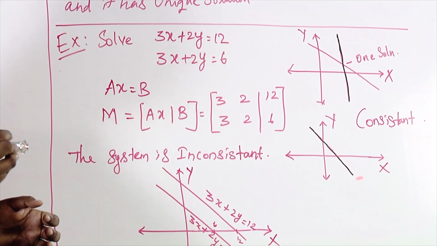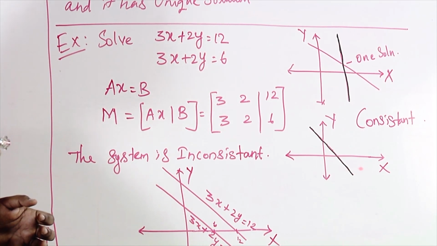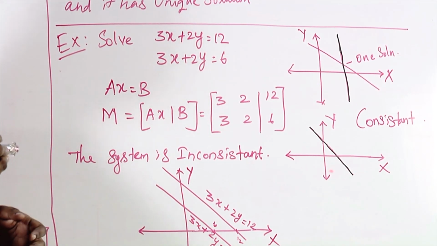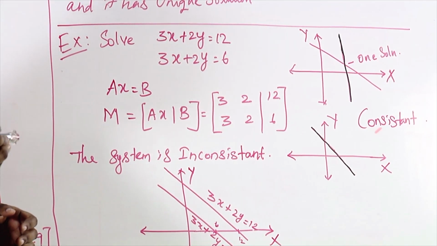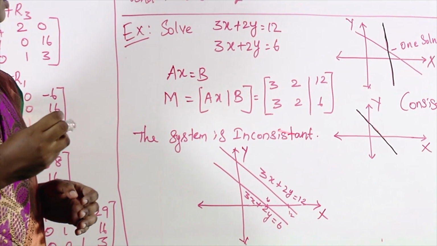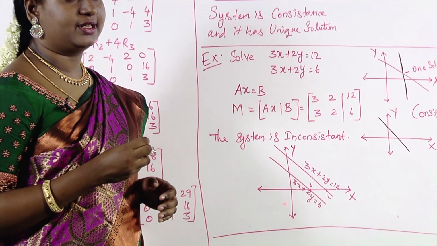It is an infinite number of intersecting points. It definitely has intersecting points, but the number is infinite. Therefore, this also has a solution, but the solution is not unique. It has an infinite number of solutions, and this is again a consistent system. Both this and this are consistent, and this is an inconsistent system.